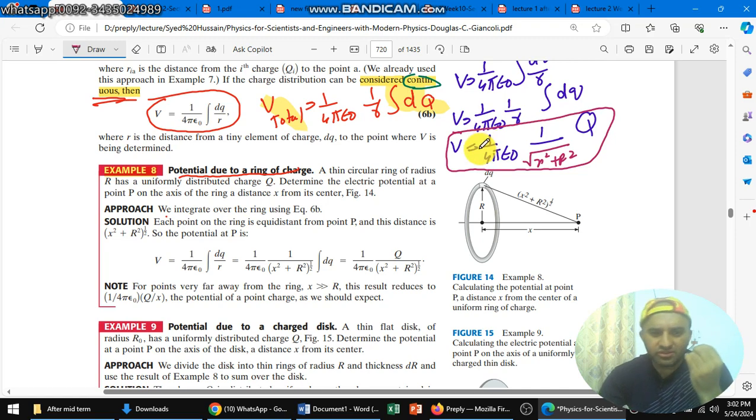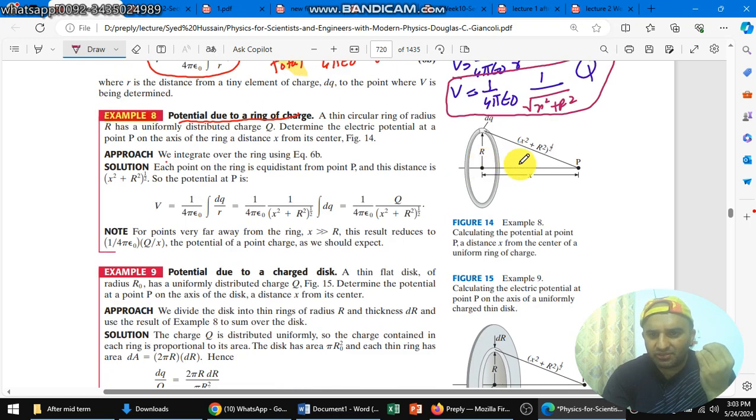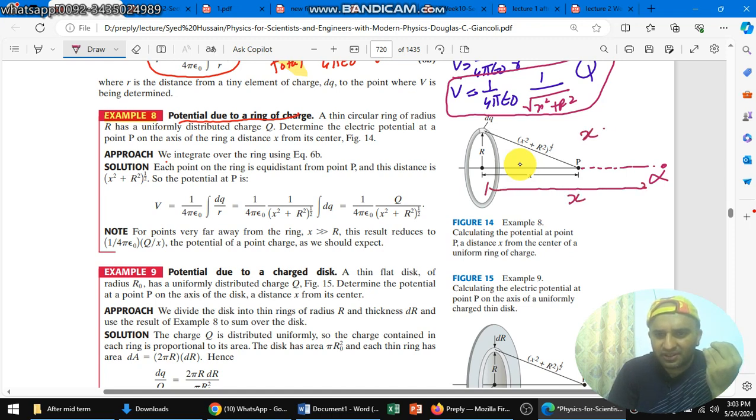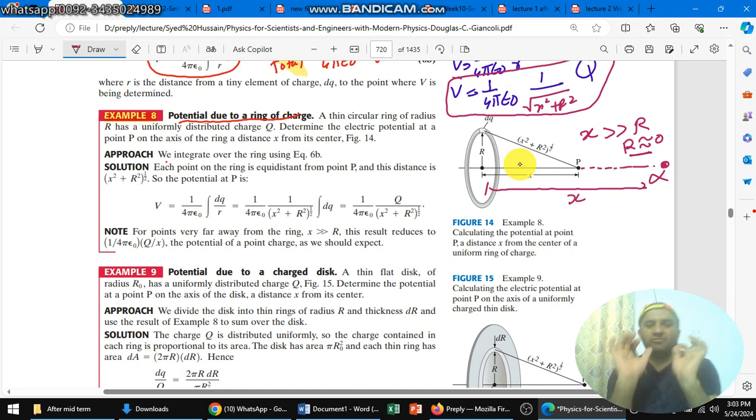Okay, now we use a simple case. For example, if this point P is very far away, at an infinite distance, so x is much greater than R, it means R becomes very close to zero.